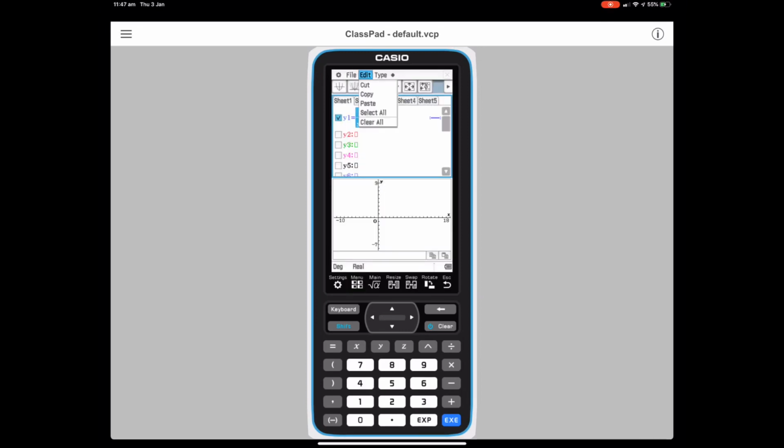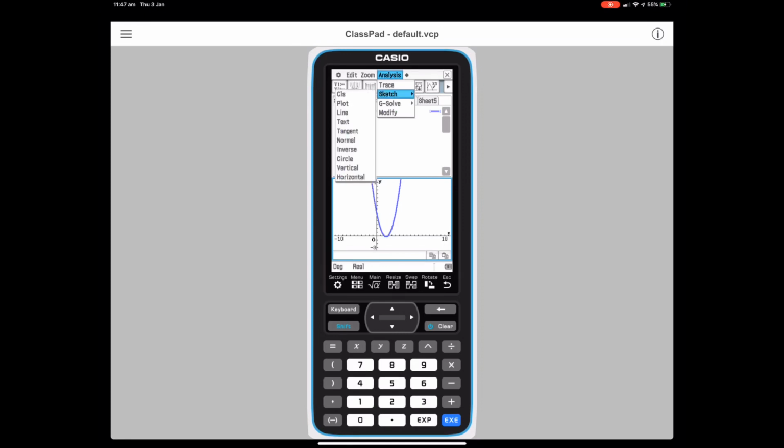So if we go into graph and table, paste it. Okay, so x minus 2, x minus 3. Now, it looks like it's all good. But if we trace, if we go to the point 2, I stuffed that up completely. I didn't put any of the graph in.